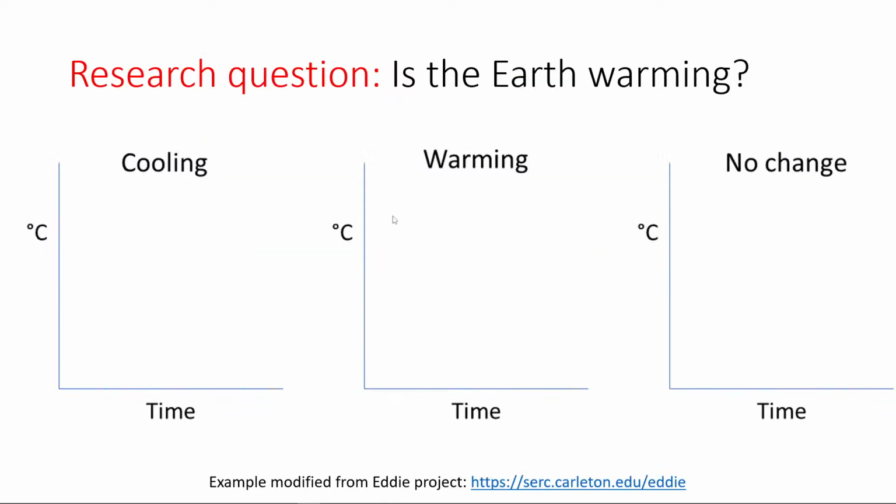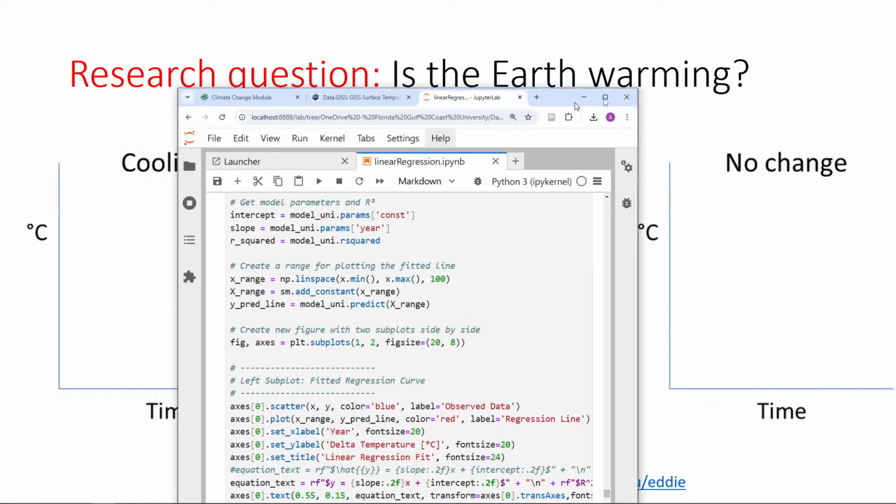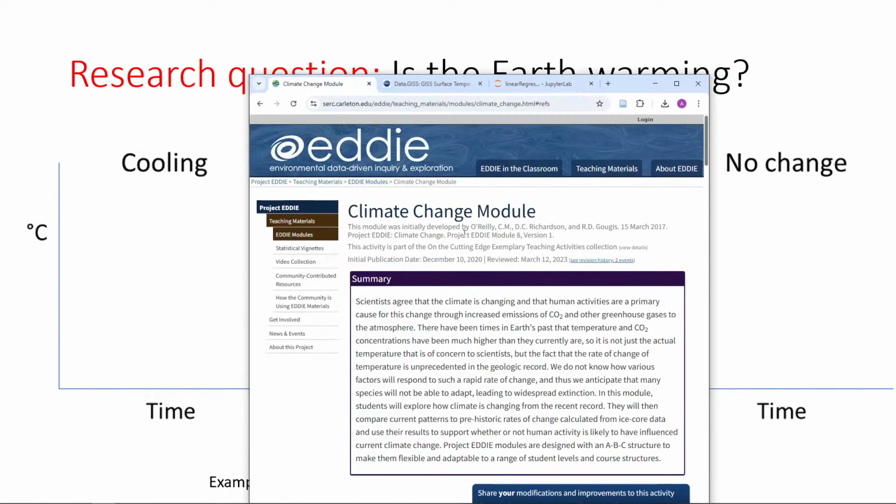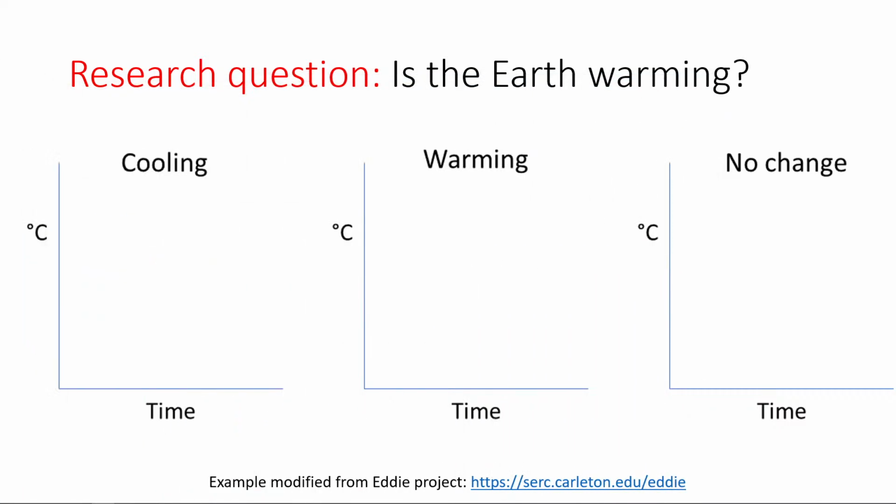This is our research question: is the Earth warming or not? If the Earth is warming, what would we expect? Again, this problem is from the EDI project. If the Earth is warming, then we expect the temperature to have a positive trend with time.